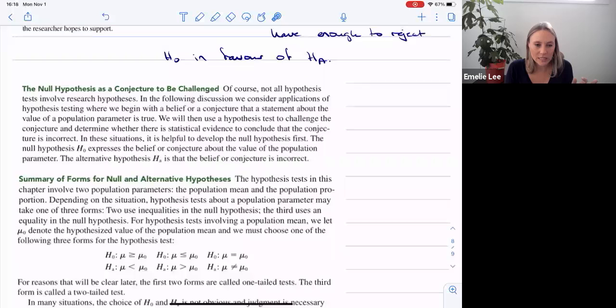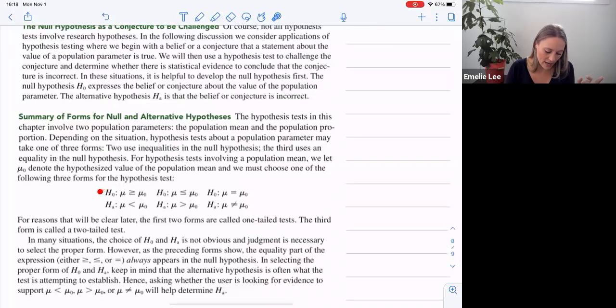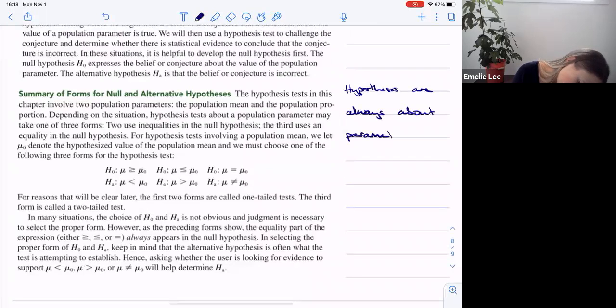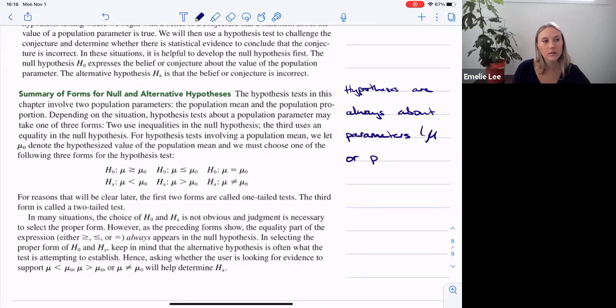What we need is some way to summarize our hypotheses, because remember, hypotheses are always about parameters, so mu or p. That's going to be really important, and they're statements about the parameters.